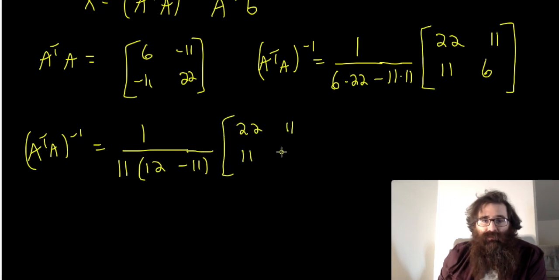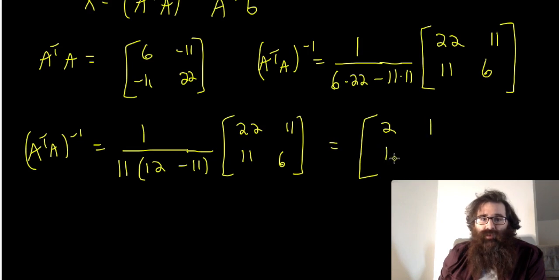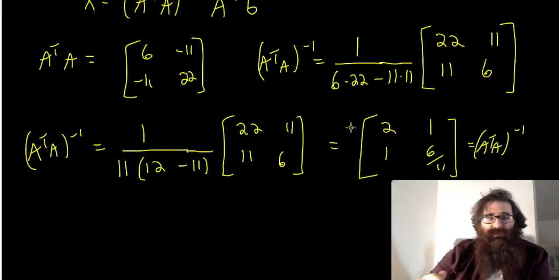Rewriting that matrix, and hey, 12 minus 11 is just 1, so this is really 1 over 11. And let me just distribute that in now. So 22 divided by 11 is 2, 11 by 11 is 1 and 1, and then 6 divided by 11 does not reduce. But this is my inverse, A transpose A's inverse.